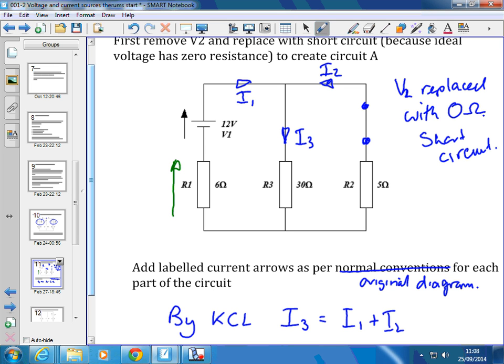Current's going that way. Volt drop is opposite it. Current's going down. VR3 is going up. Current's going up. VR2 is going down. We might need them.